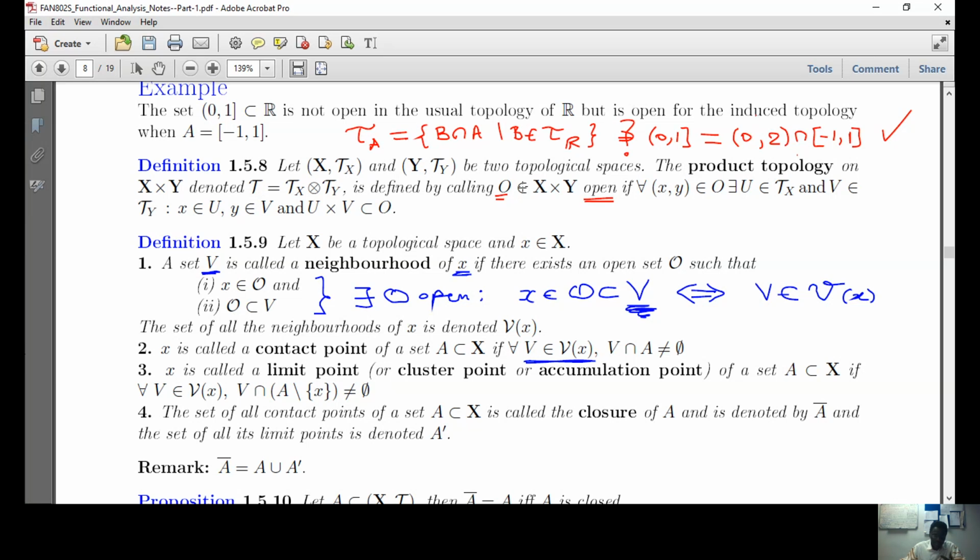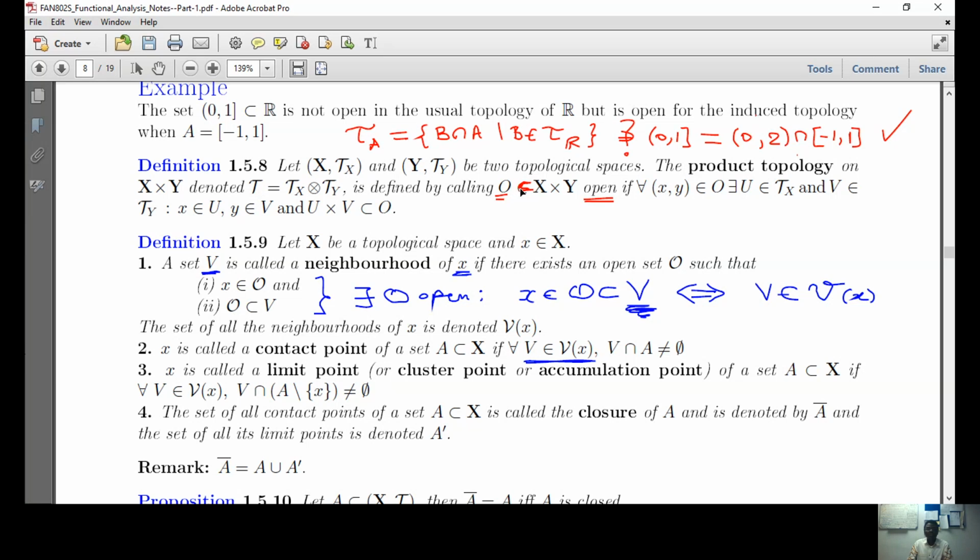I think that this is a typo. It should be a subset, not an element, right? So this is O subset, not element. Please correct that on your slide. So it is O subset like this.